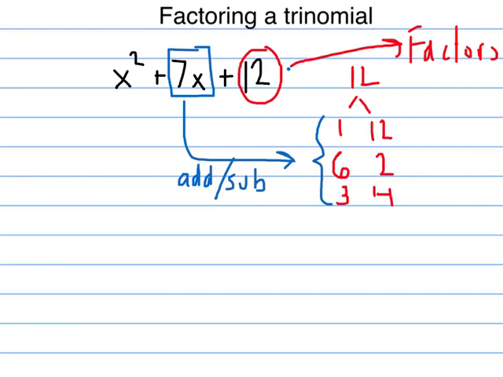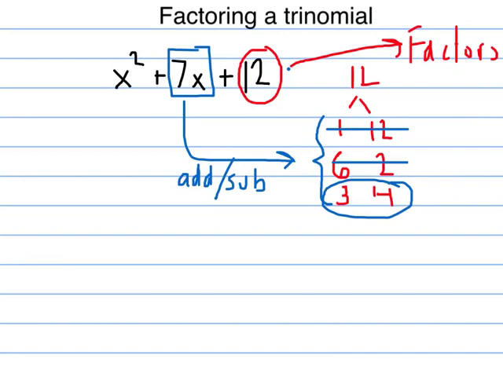All right, well, 1 plus 12 is 13. 12 minus 1 is 11, so those don't get to 7. 6 plus 2 is 8. Close, but not quite. 6 minus 2 is 5. So those two do not work. The last one is 3 and 4. 3 plus 4 is 7. So these are going to be our factors that work in our pair.